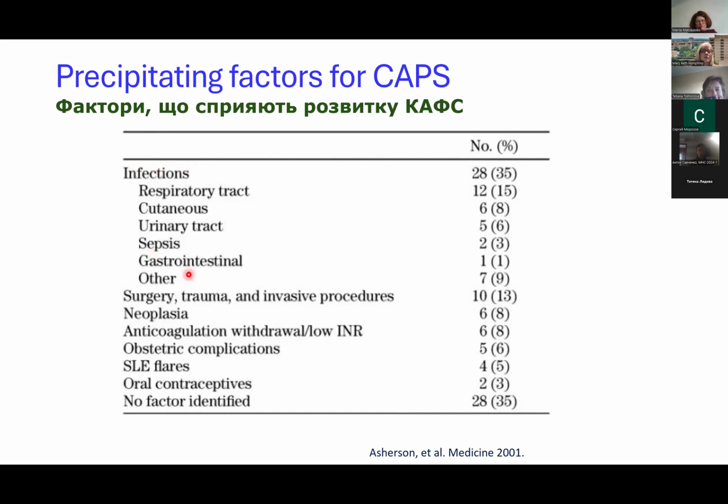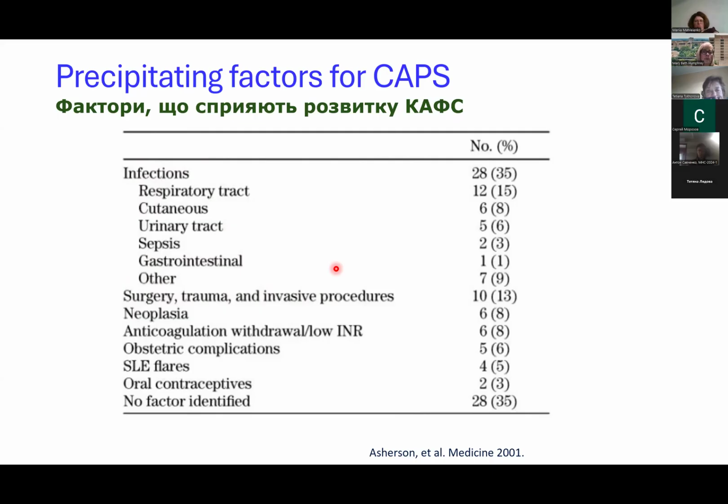So severe infections can precipitate CAPS. Surgery, trauma, or invasive procedures can as well. And again, surgery and trauma, all of these end up causing usually some epithelial or endothelial surface, or it could be muscle or other things, where there's a lot of tissue factor release.